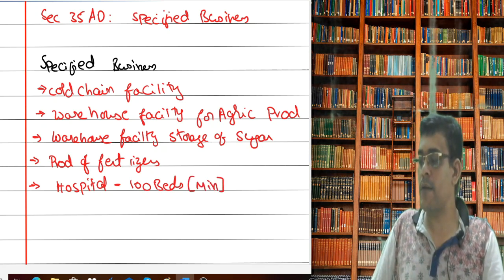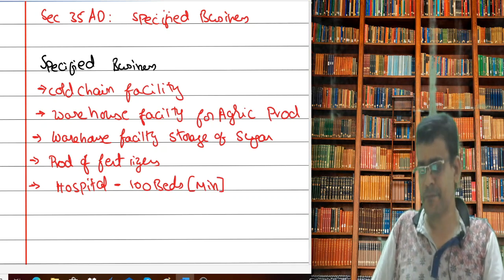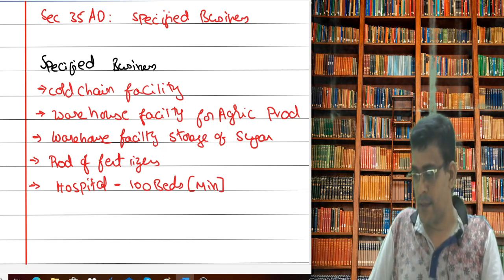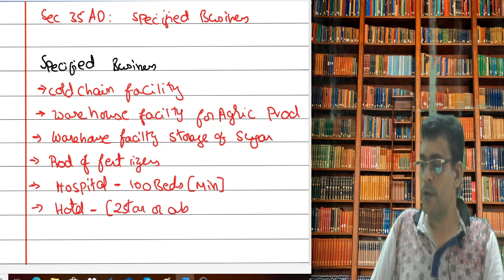Any hospital having minimum 100 beds is said to be a specified business. Now the next one, the sixth one. The sixth one is speaking about the hotel. Anyone running a hotel business which may be 2-star or above.